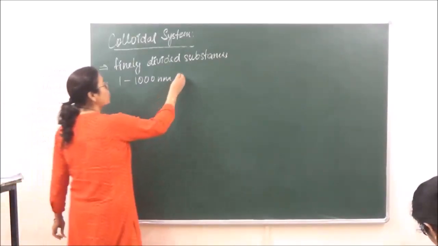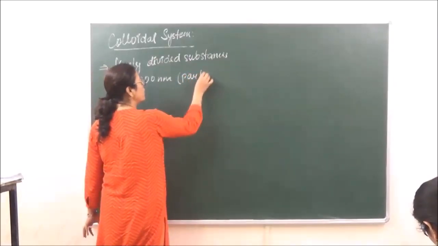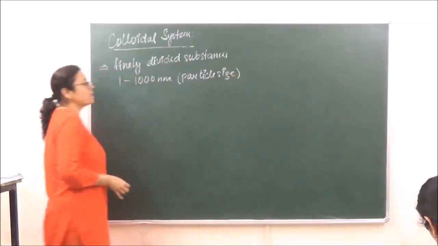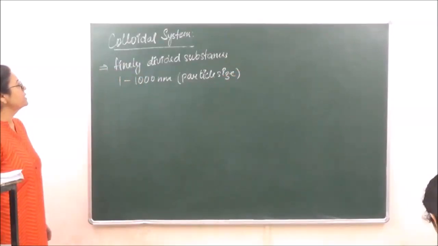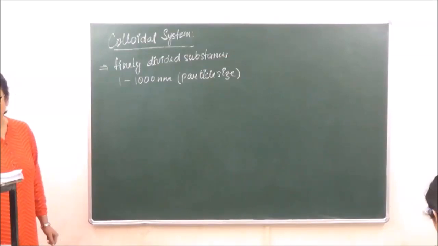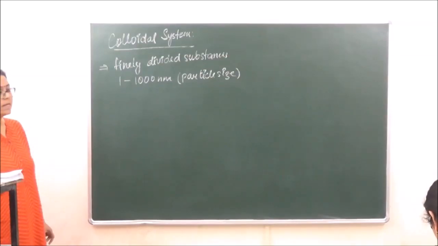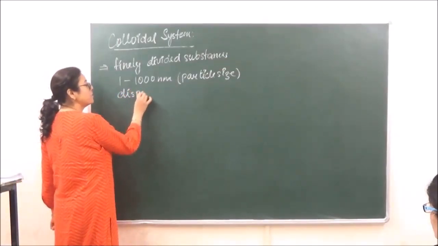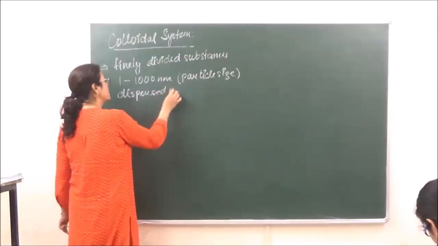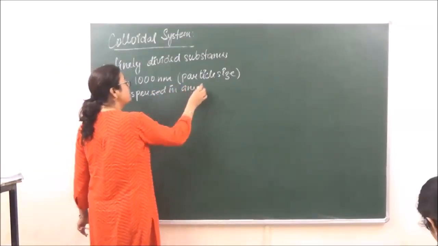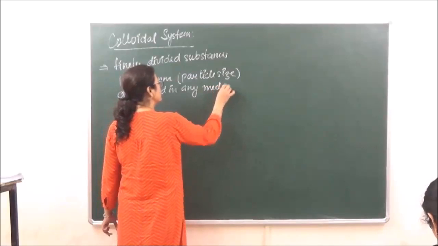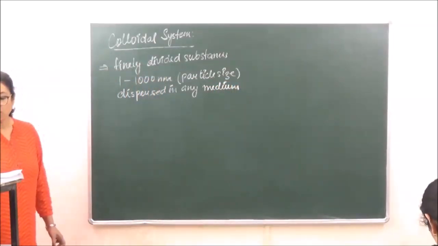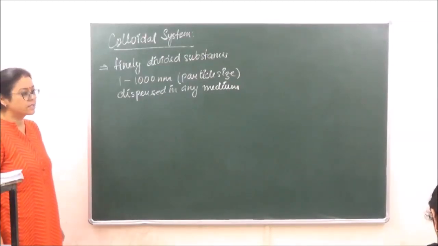This is the diameter or particle size we are talking of over here. Right? So any substance which is finely divided such that it has a particle size of 1 to 1000 nanometer, and then we disperse it in any medium, forms a colloid. Okay? This is what is going to be a colloidal system.